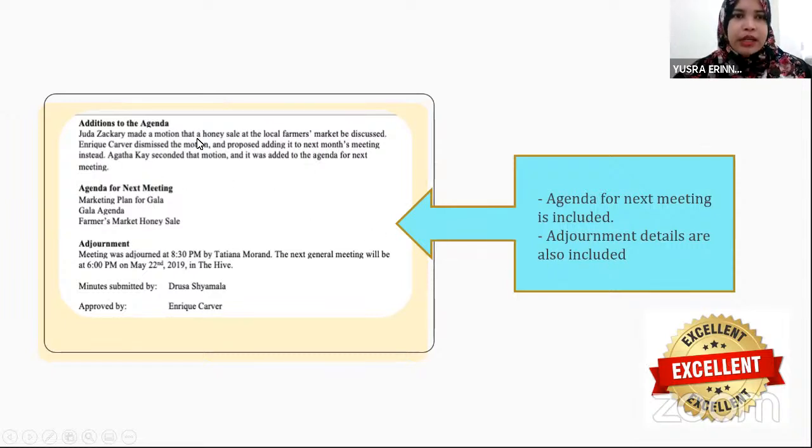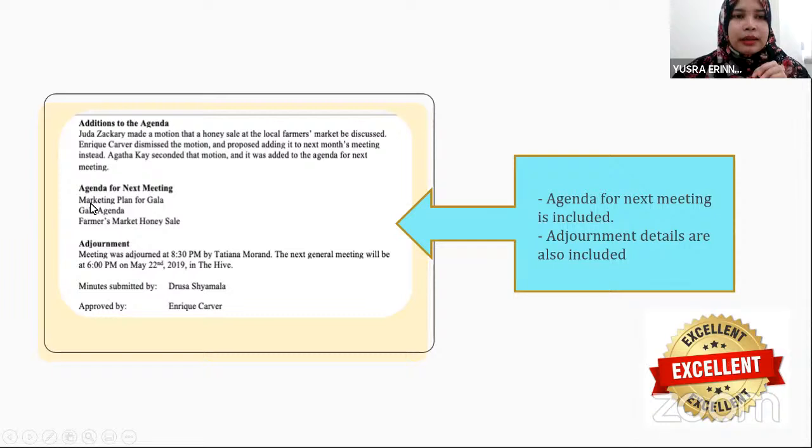If there are any additions, any suggestions that your colleagues made during the meeting, here is where you put them. It's the same: past tense, active voice, third person. Judah Zachary made a motion that a honey sale at the farmers market be discussed, and so on.